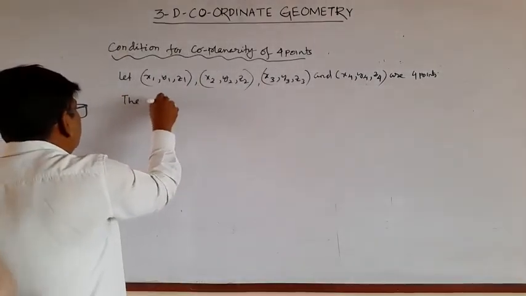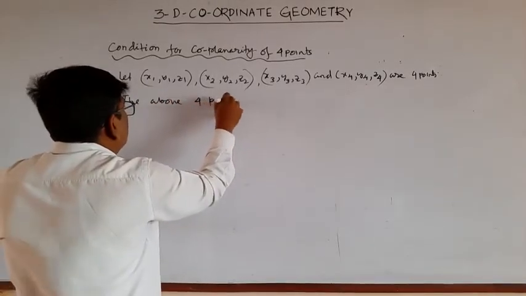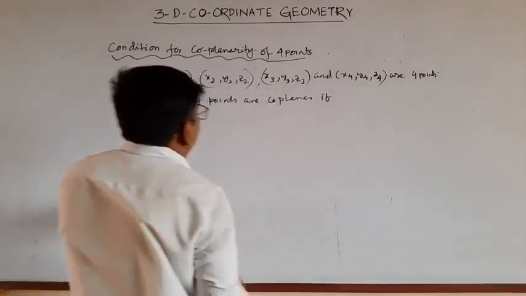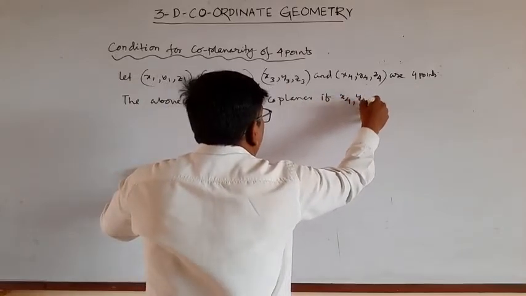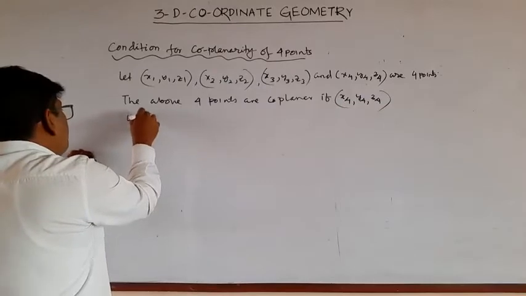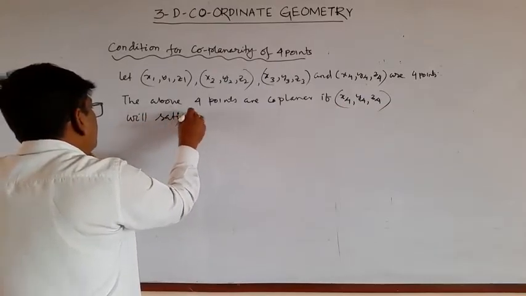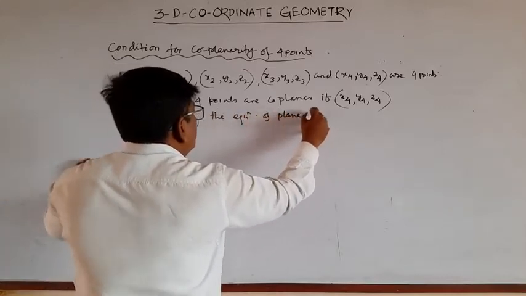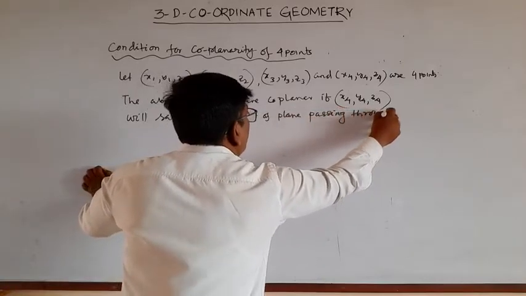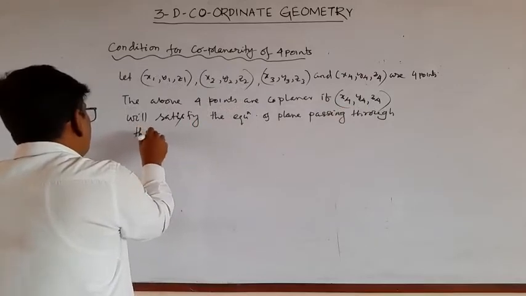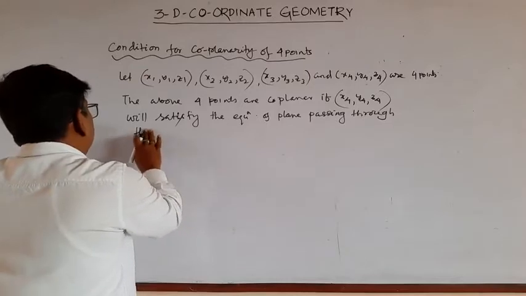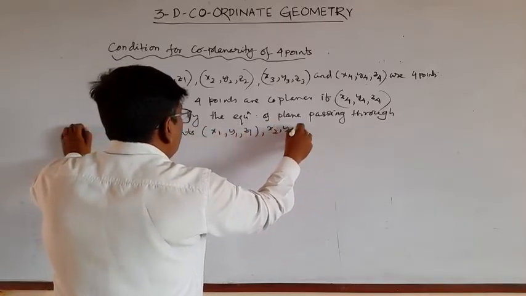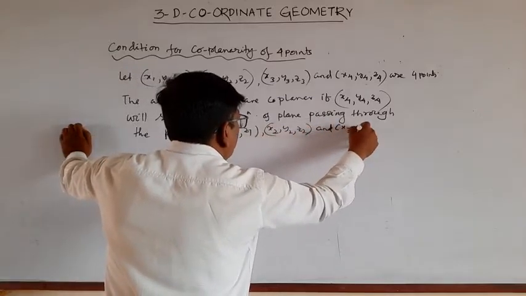The above 4 points are coplanar if x4, y4, z4 will satisfy the equation of the plane passing through the points x1, y1, z1, x2, y2, z2 and x3, y3, z3.